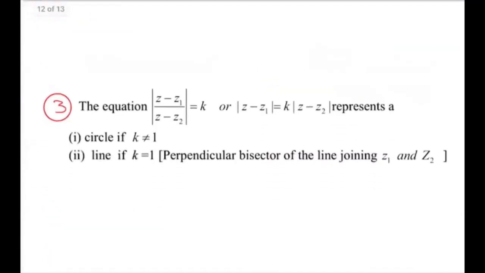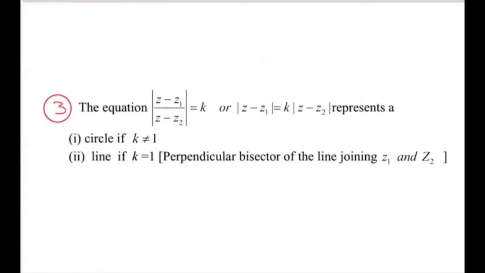The third result is the equation |Z − Z1|/|Z − Z2| = K, constant K, which can also be written as |Z − Z1| = K|Z − Z2|. This always represents a circle provided the value of K is not 1.